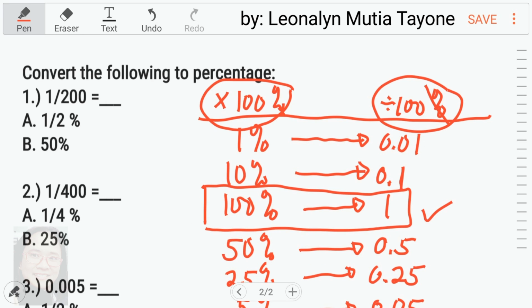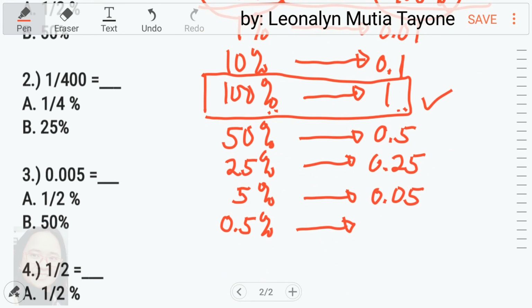Yan yung equivalent niya na decimal, from percentage to decimal. Si 100% divided by 100, so 1 ang equivalent niyan. Si 50% divided by 100, that is 0.5. So, therefore, si 0.5% divided by 100, and that is 0.005.